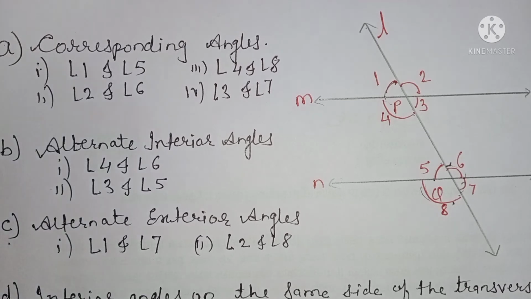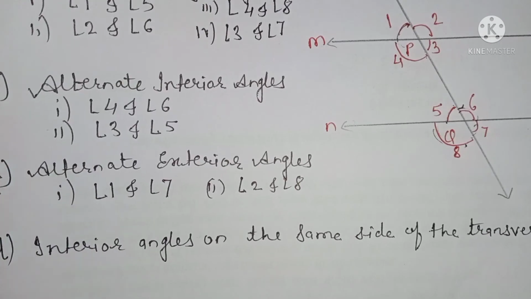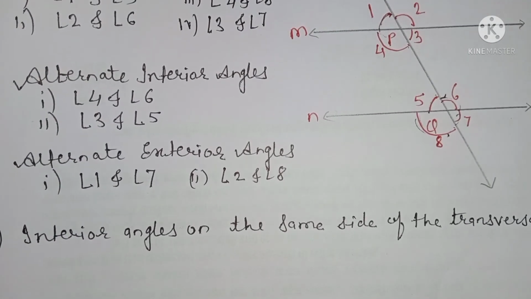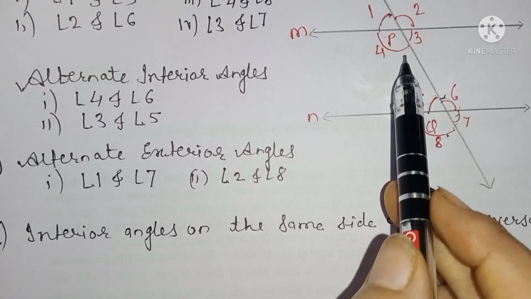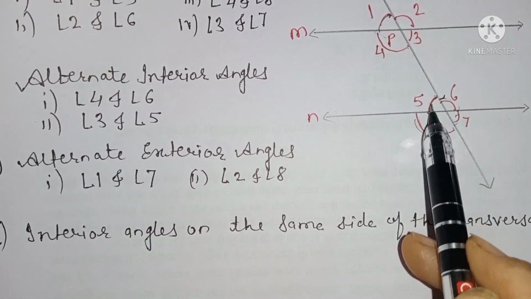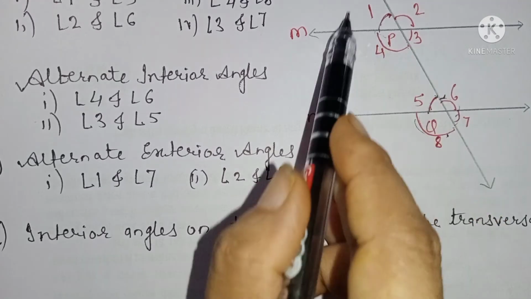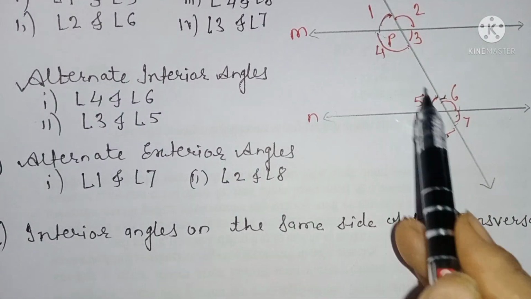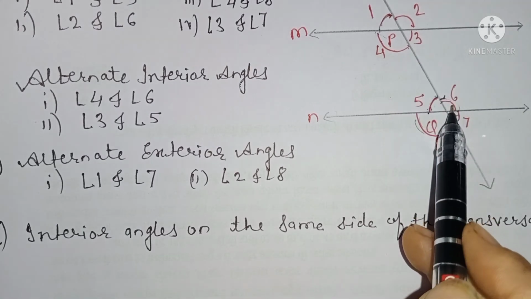Now next are interior angles on the same side of the transversal. These angles are also known as consecutive interior angles, allied angles, or co-interior angles. They are angle 4 and angle 5. See, it is a co-interior angle, or angle on the same side of the transversal. So angle 4 and 5, and the second pair is angle 3 and angle 6.